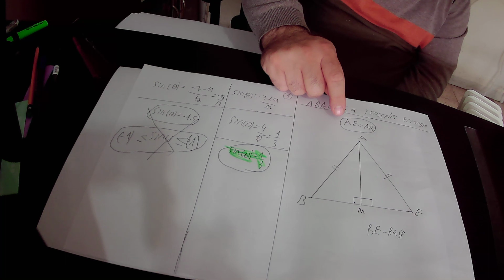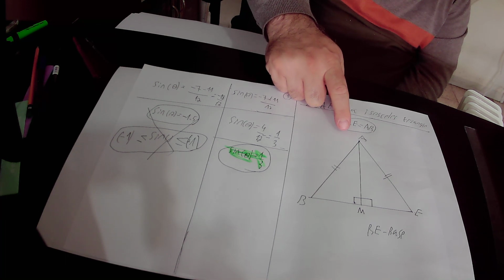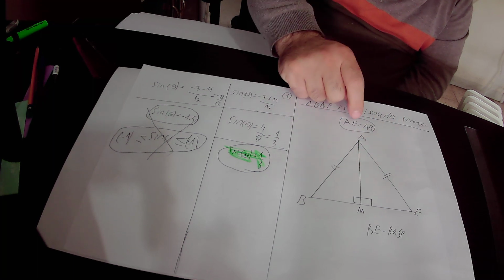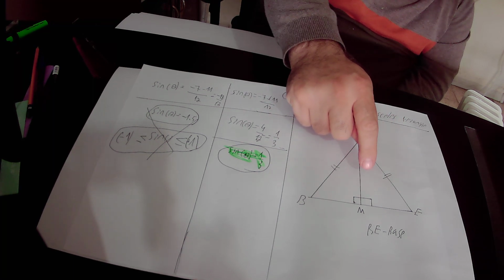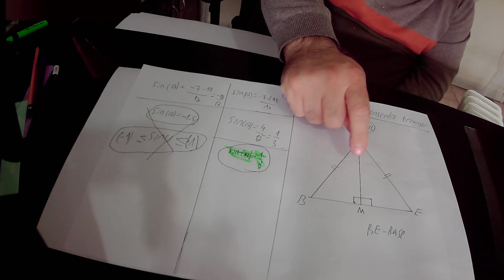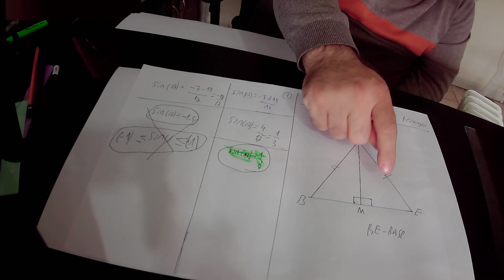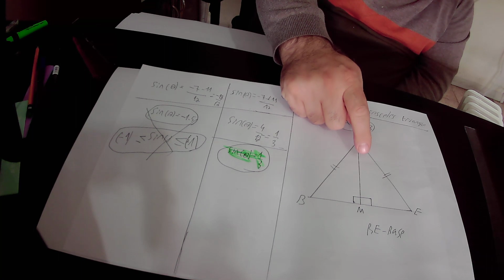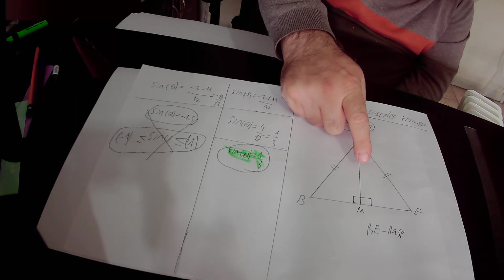And the base in the isosceles triangle BAE is BE, and the height to the base is AM. Why? Because AM is perpendicular to the base BE. So AM is the height to the base BE.